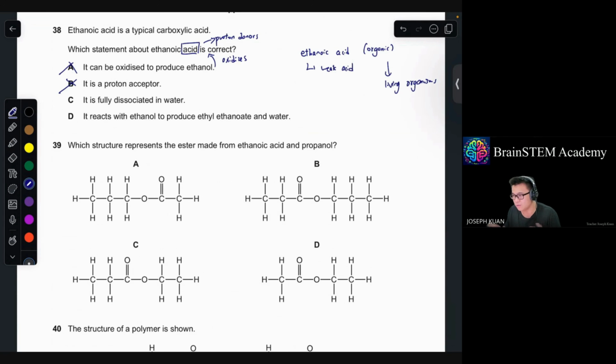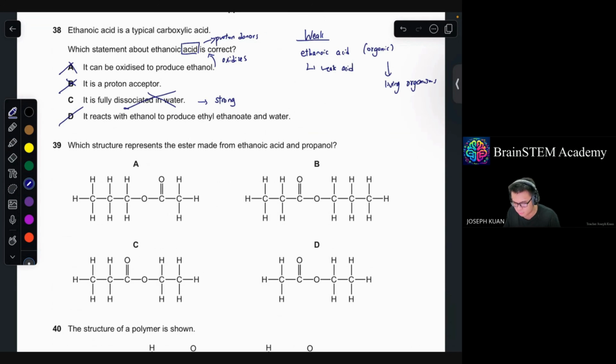Not always, but in most cases, they produce weak acids or bases. Only in rare cases do they produce strong bases or strong acids. So it is fully dissociated in water will be wrong because that is a characteristic of strong acids or bases. This is a weak acid. So the answer should be D, but let's check anyway.